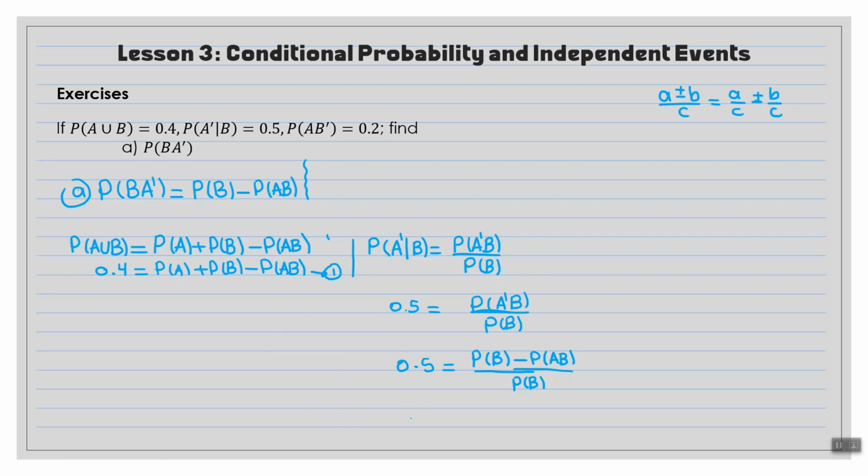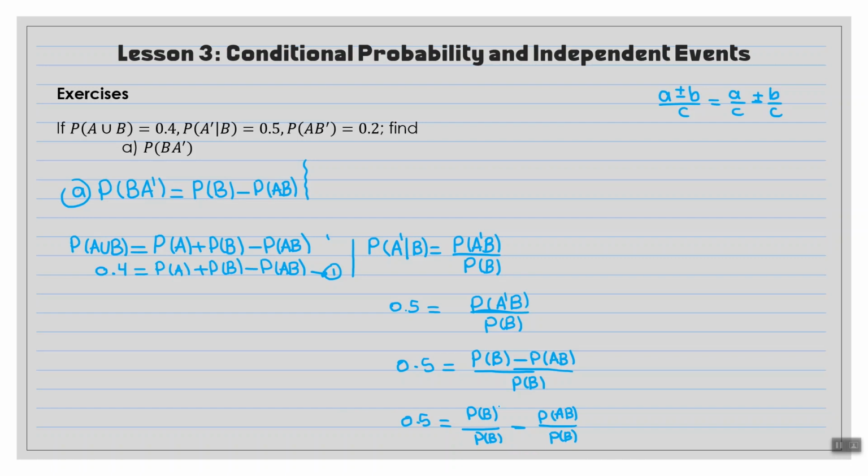So 0.5 is equal to the probability of B over the probability of B minus the probability of AB over the probability of B. What are we going to get out of this?